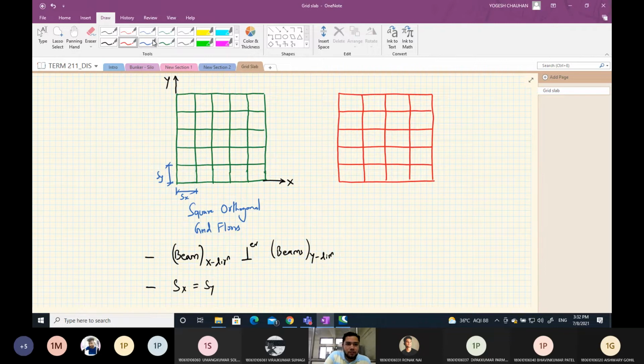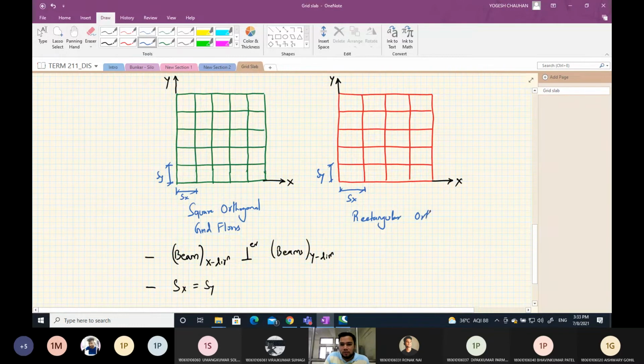Let this be the spacing of beams along x, and let Sy be the spacing of the beams along y. This is y direction, and this is x direction. So such a grid is called a rectangular orthogonal grid floor.